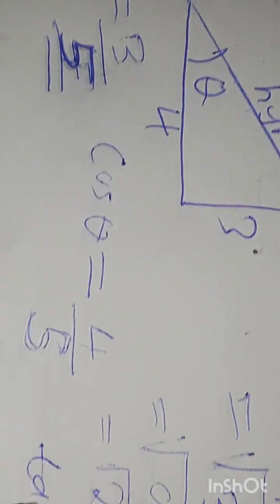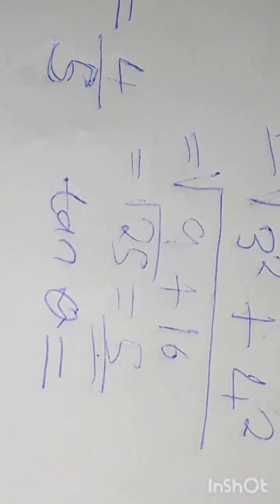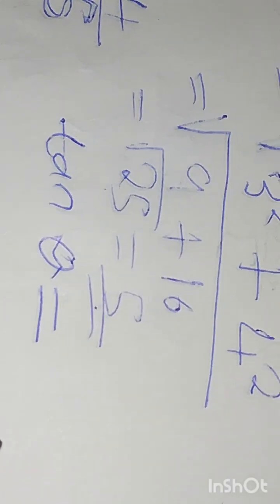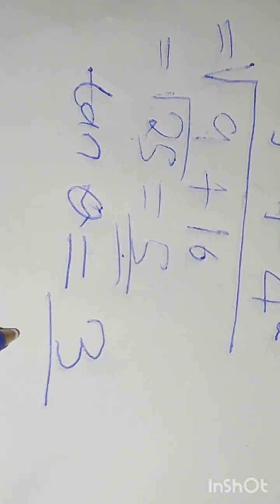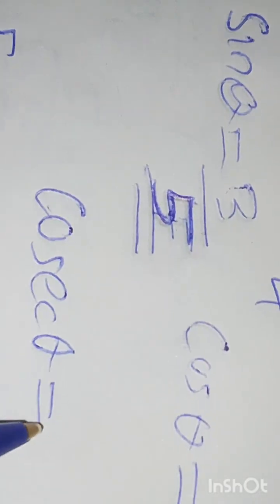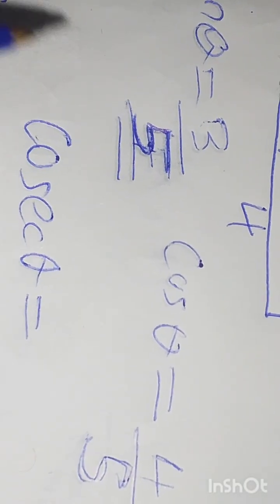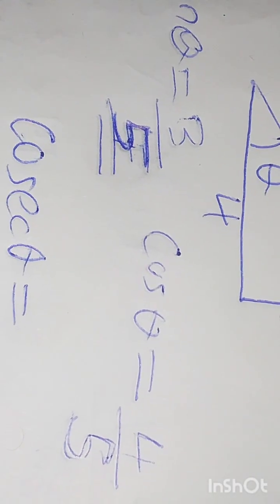Then we go to tan theta. Tan theta is opposite over adjacent. Our opposite side is 3 and our adjacent is 4. Then you go to cosec theta. Cosec, we said, is the inverse of sine. So cosec is hypotenuse over opposite.